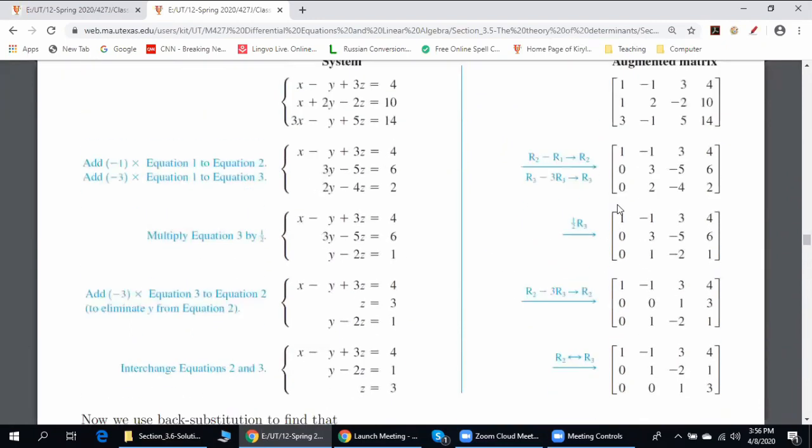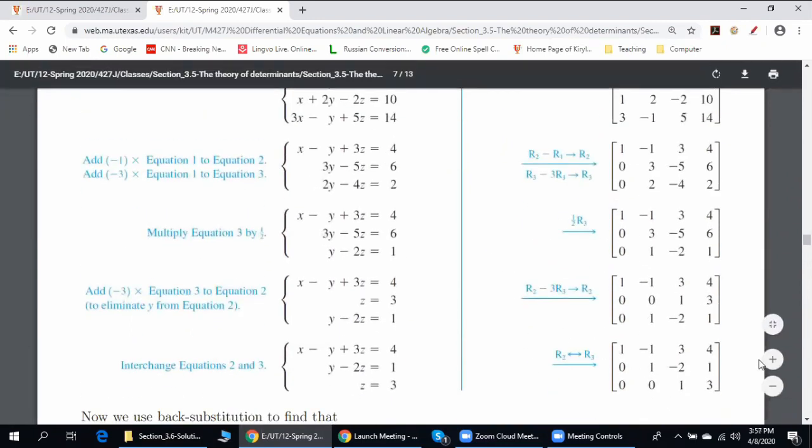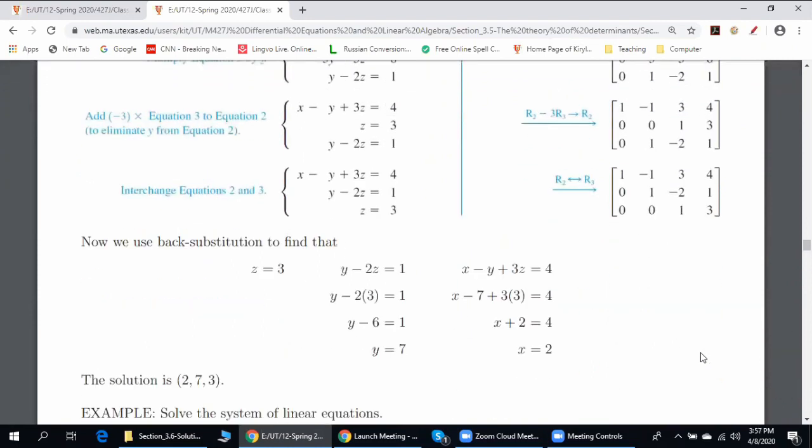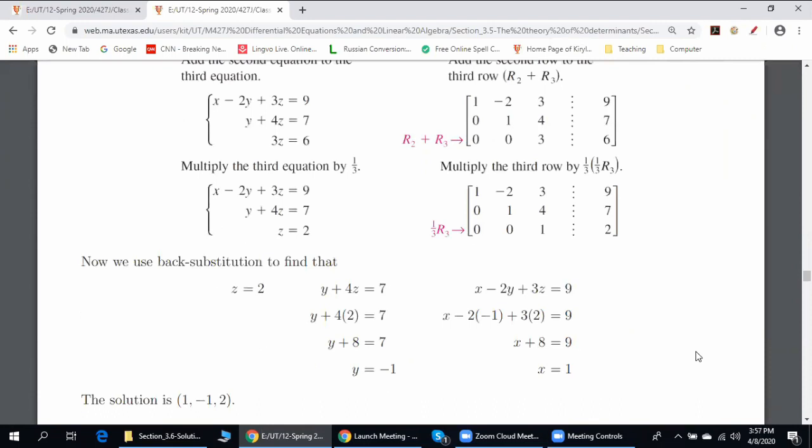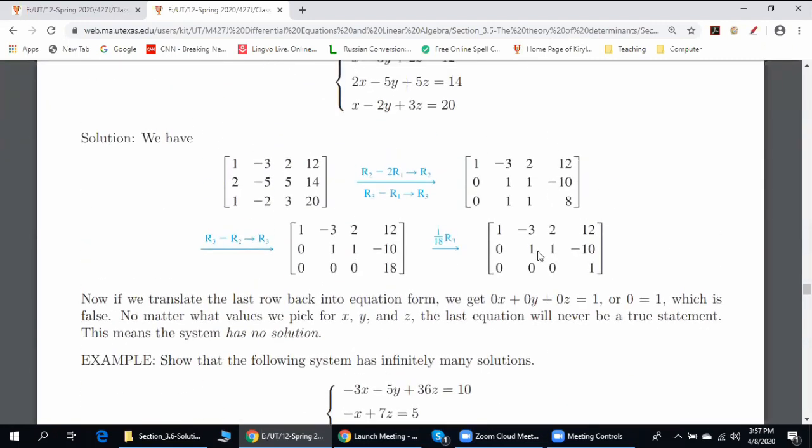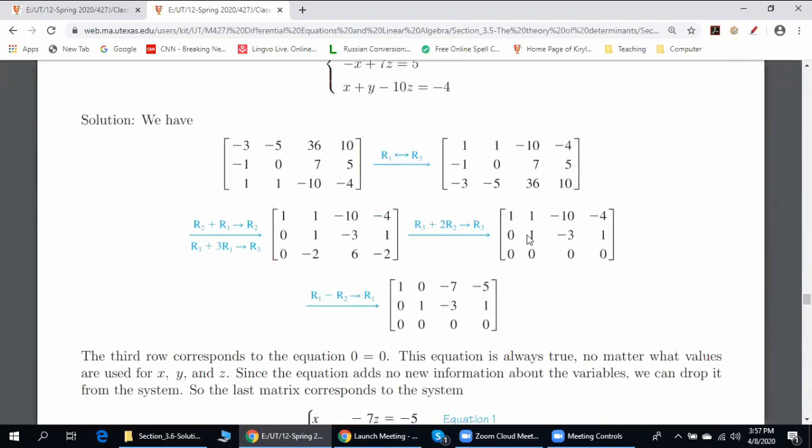I said the goal of elementary row operations is to come up with a triangular form. But you can say, hey, in this case, it's not really triangular form. It's who knows what, correct?